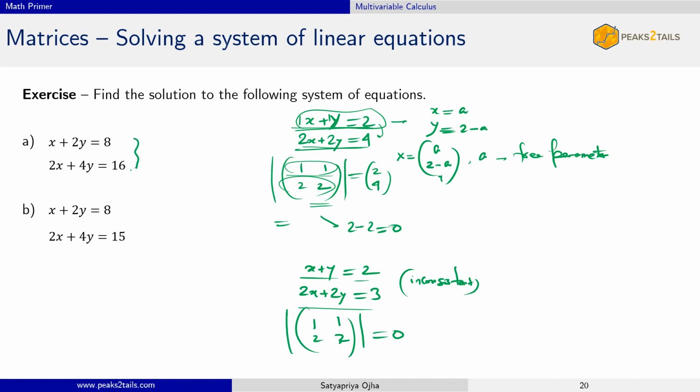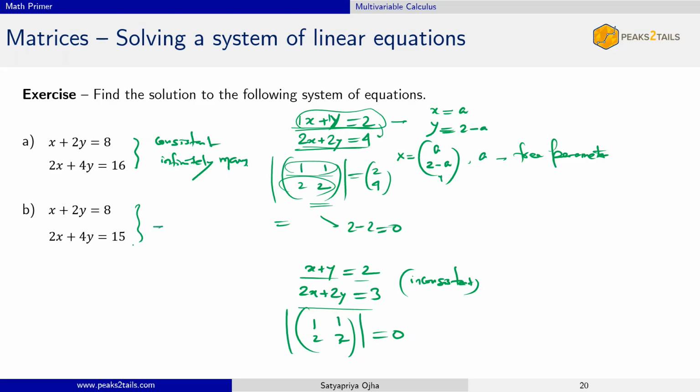Now let's do the exercise. Look at the first problem. What is the answer to this? You just need to stare at it and you can tell me the answer. You don't need to do any calculations. Perfect. Others, please participate. Consistent and infinitely many. Perfect.